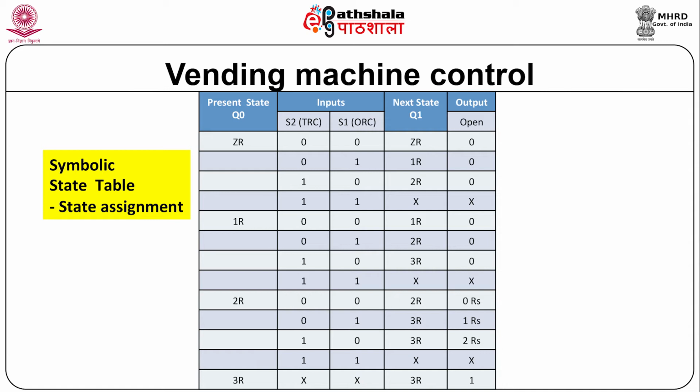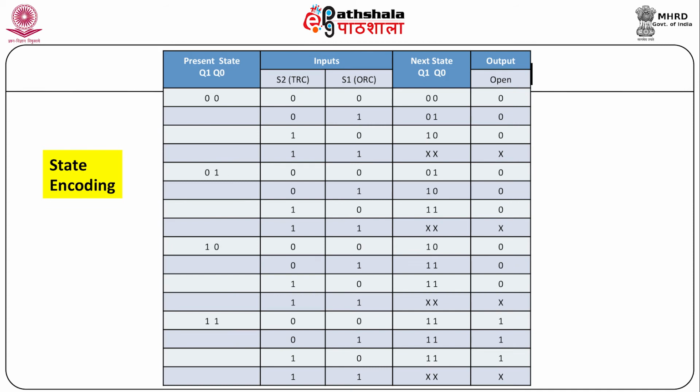Thus, there are 4 possible transitions with TRC and ORC inputs: 00 generates a self transition, 0R 01 results in a state transition to 1R, 10 results in a state transition to 2R, and 11 is not allowed, hence X. We can simplify the diagram by using a similar method, and similarly we can prepare the other rows in the state table. Let us now move to encode the states.